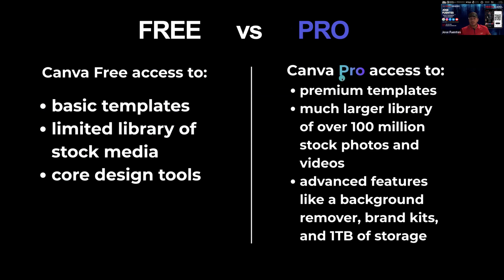But on the flip side, if you have access to the pro, you get all of the bells and whistles. We're talking premium templates, a huge library of over 100 million stock photos and videos to choose from, and advanced features like background removers, the brand kits that I mentioned, and up to a terabyte of storage within your Canva account.